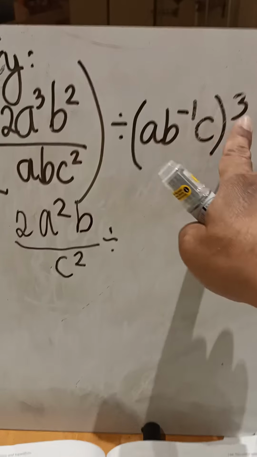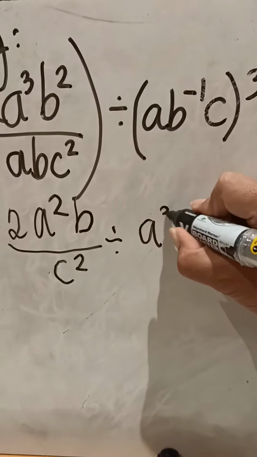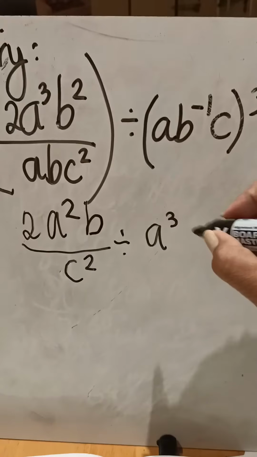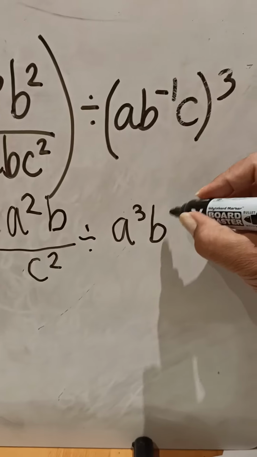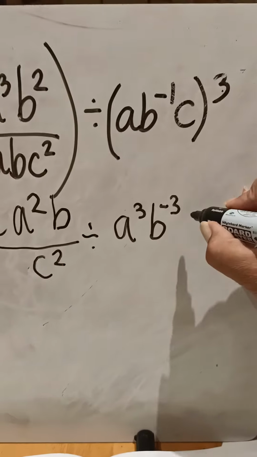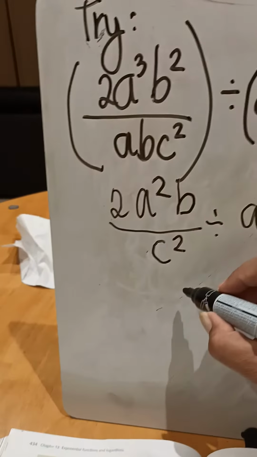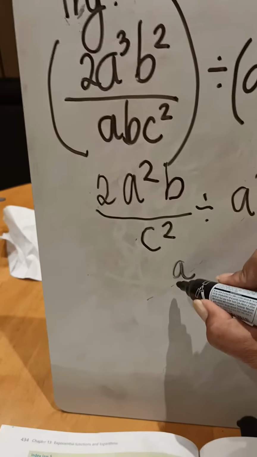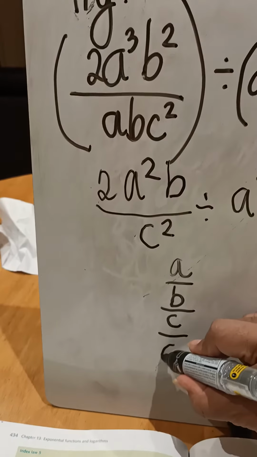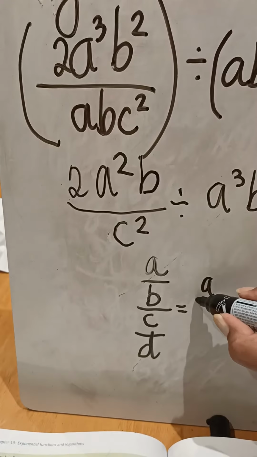So a cubed is a raised to the power of 3. Follow? Apply that to every single element inside the bracket. So b would be b raised to the power of negative 1 times 3, which is negative 3. And c would be c cubed. And we need to remind ourselves that a over b divided by c over d, if you divide two fractions, will be equal to copy the original fraction, which is a over b.